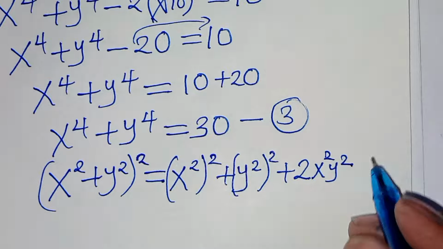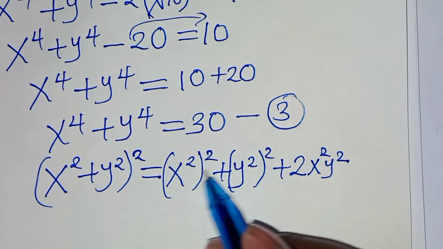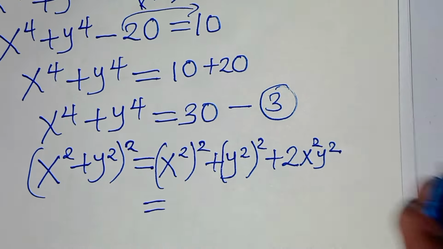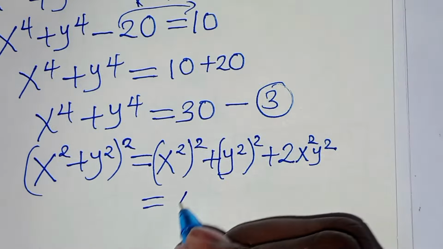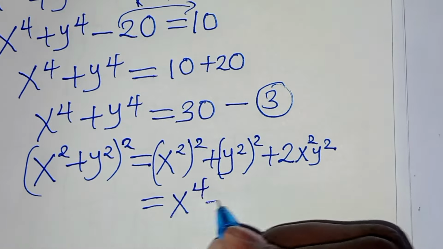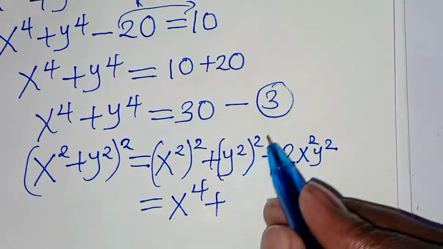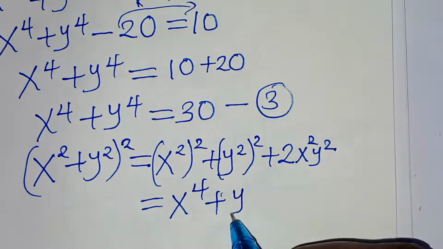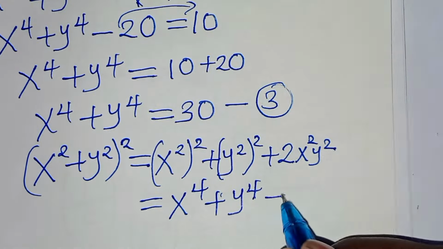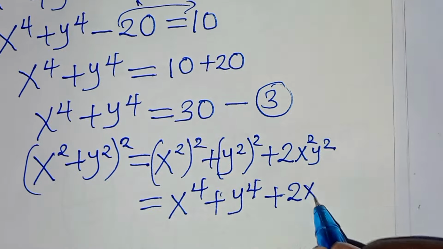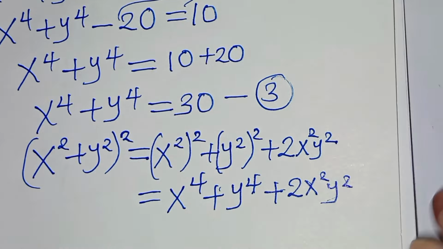This implies that x squared raised to the power of 2 is the same thing as x to the power of 4, then plus y squared raised to the power 2, which is the same thing as y to the power of 4, then plus 2x squared y squared.